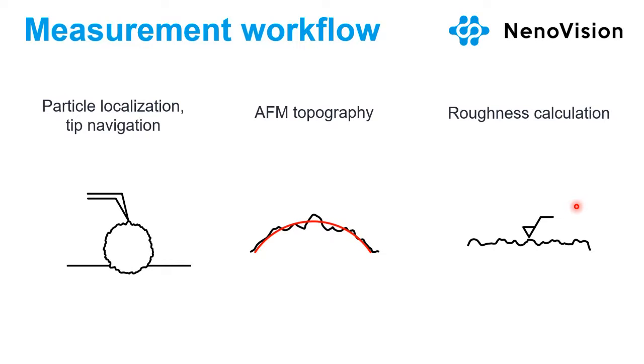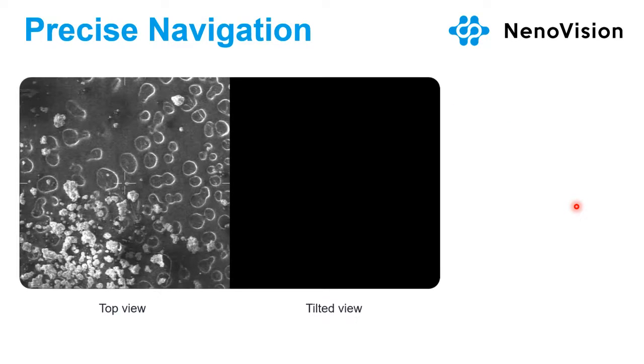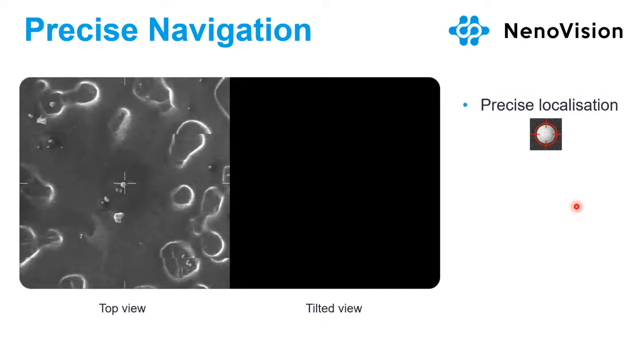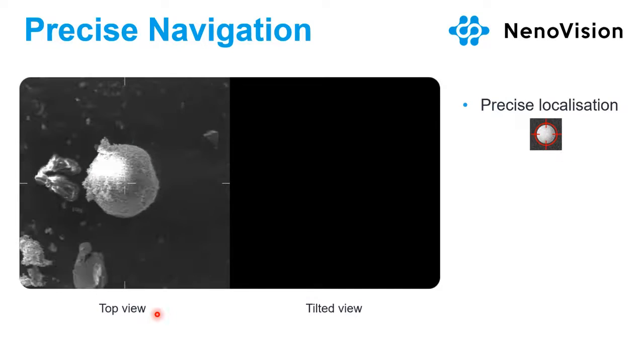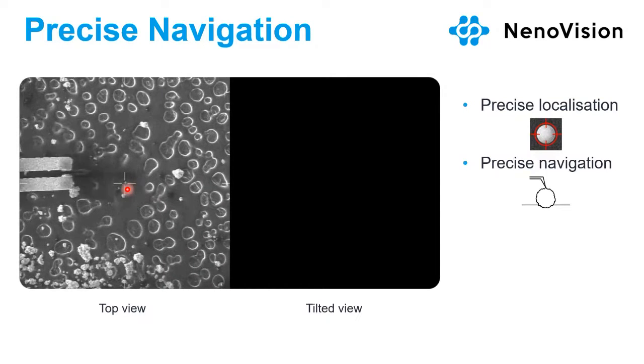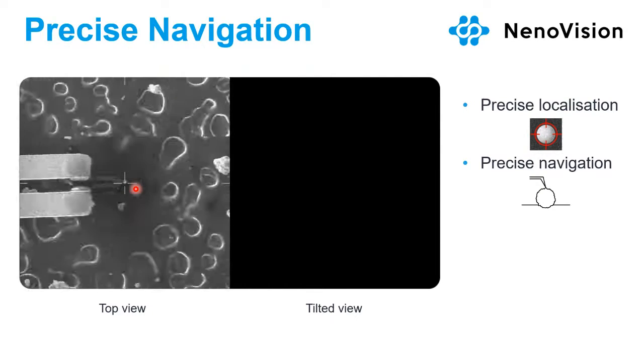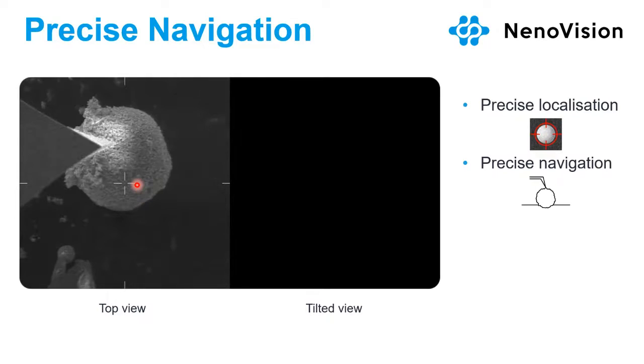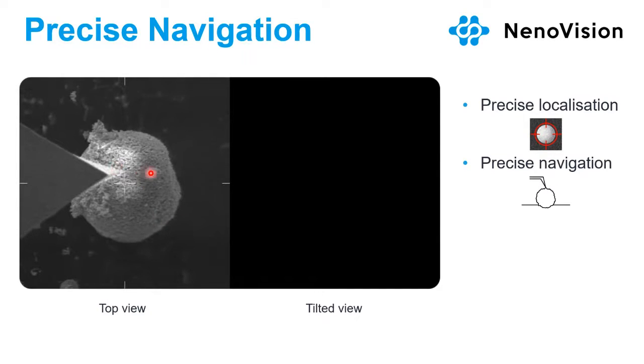But how it looks like in reality, we have SEM overview here. From top view, we navigate to the particle, the probe. So in XY, we are on the particle, get exactly where we'd like to be.